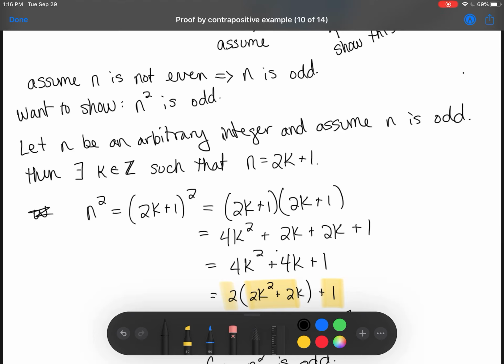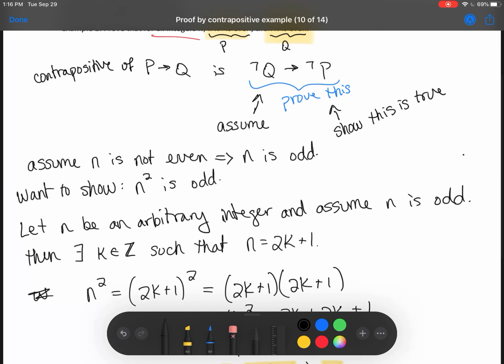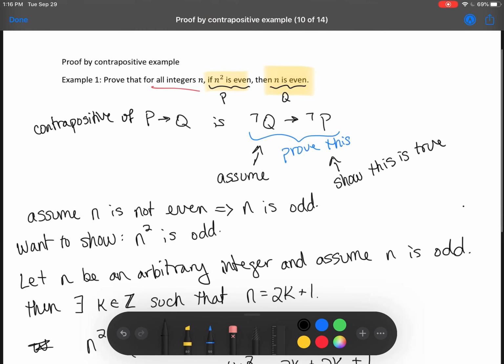So what did we just do? We started with an arbitrary odd number. We showed that n squared is odd. Why did we start with an odd number? Because we were assuming the negation of q is true, and we wanted to show the negation of p. So what we've done, without formally writing it up, is we've proven the contrapositive of the statement that we wanted to show.